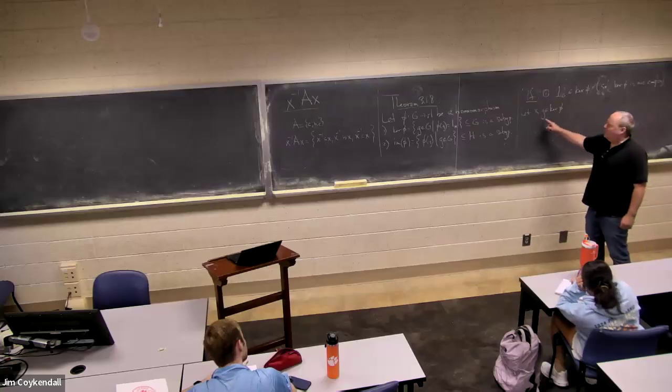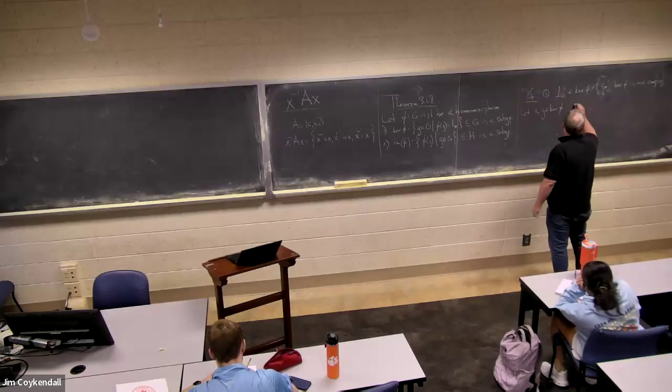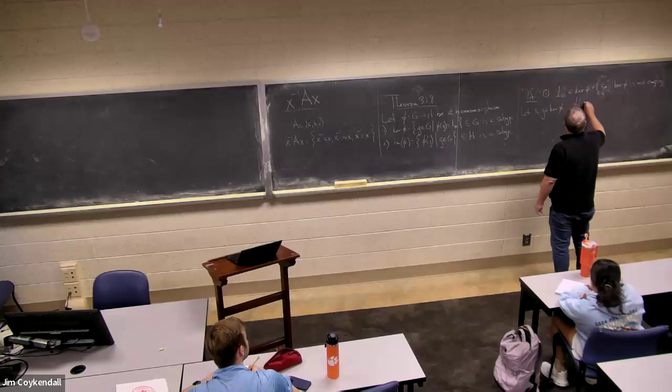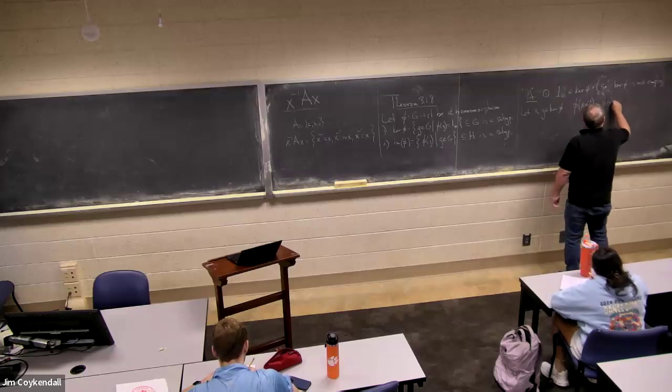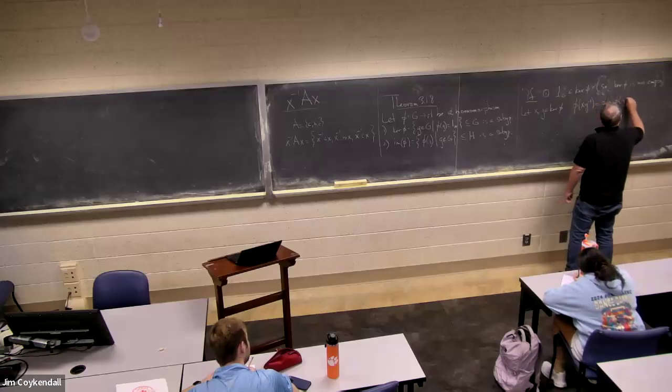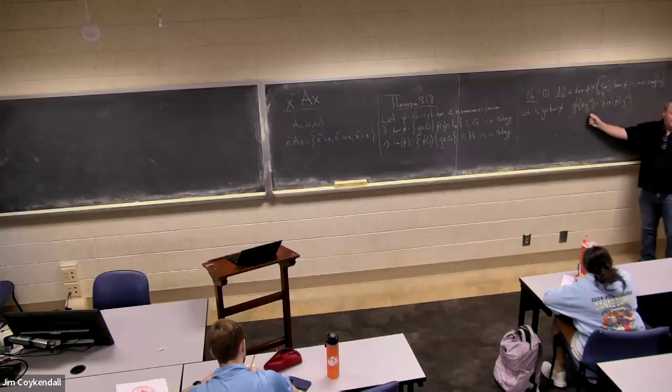Let x and y both be in the kernel of phi. That means phi of x is the identity and phi of y is the identity. So if you look at phi of x y inverse, this is phi of x times phi of y inverse, because phi is a homomorphism.